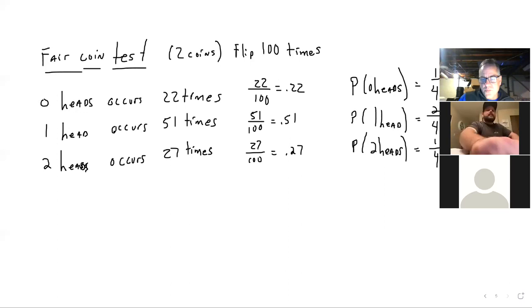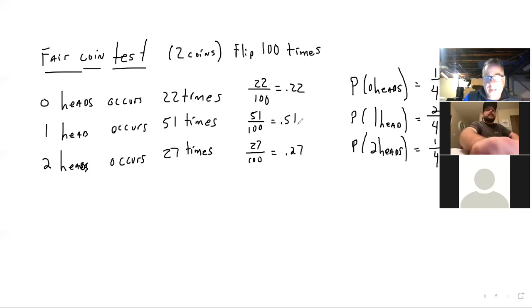So it's also 0.25. If I compare, I rolled again 100 times, and 27 times I came up with 2 heads, so the empirical probability was 0.27. The theoretical probability was 0.25.